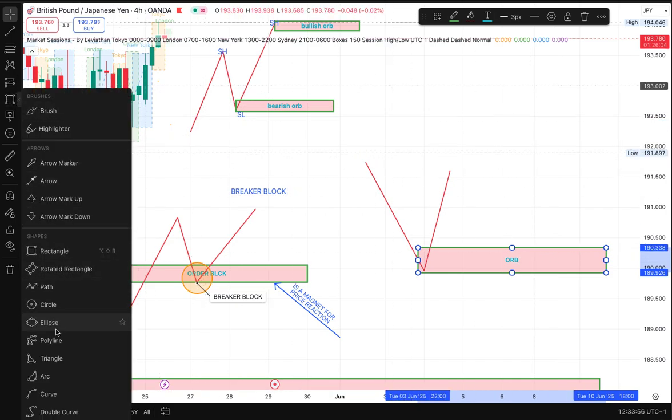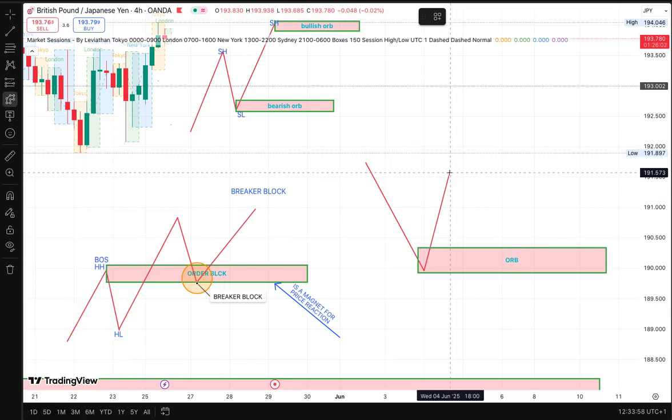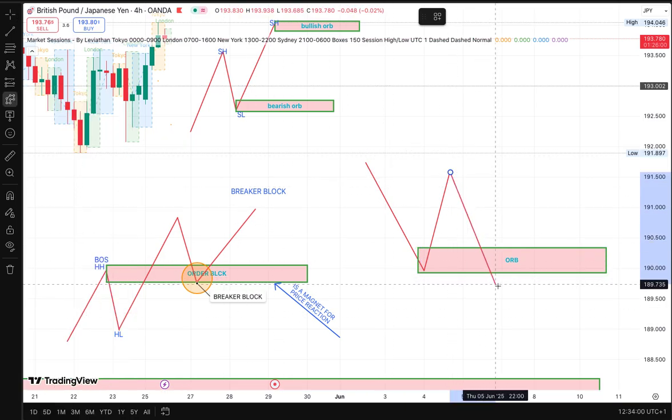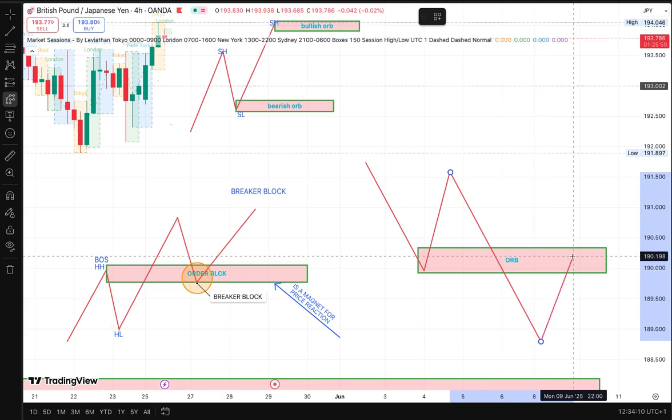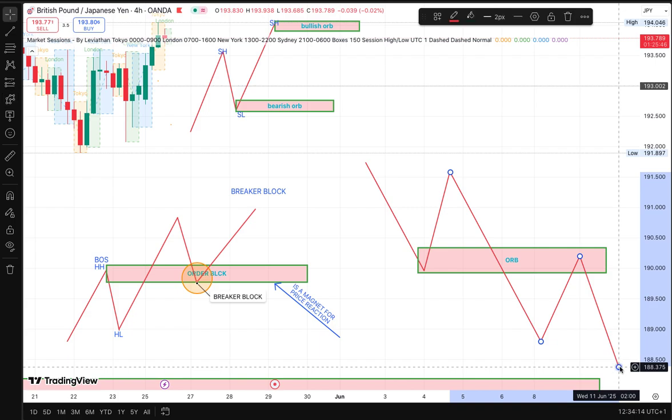The price has passed through it. Now that the price has passed through it, what are you expecting? I'm expecting a reversal to enter this zone or to enter this order block before selling.